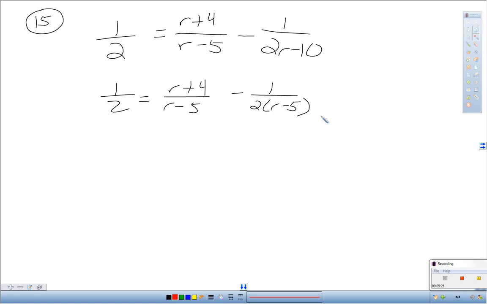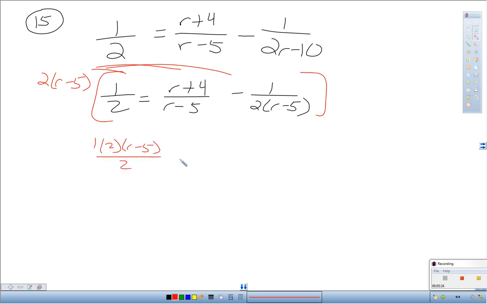So that lets me notice that my common denominator is 2 times r minus 5, which I'm going to distribute to each one of my fractions, and that's an r plus 4. So r plus 4, and then multiply that by 2, and r minus 5, and then that's a 1, 2, r minus 5.